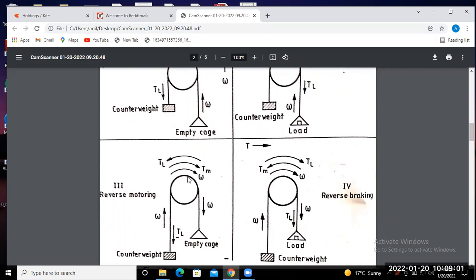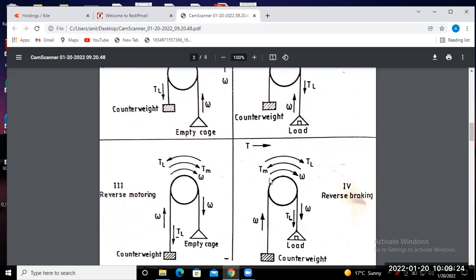Okay, and what about reverse braking? The direction of speed is the same as in reverse motoring, but you have to develop the electromagnetic torque in the opposite direction to the motion, in the fourth quadrant.